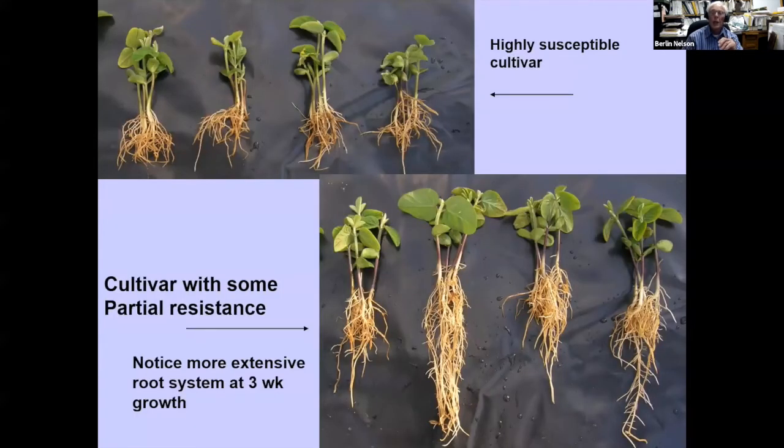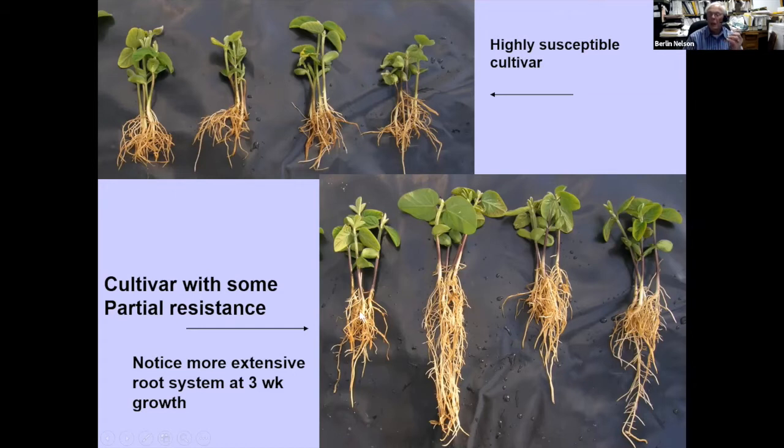And this is an example of what we mean by partial resistance. The upper variety right here, notice how brown the roots are, how short they are, because most of them have been killed off. And so this is a highly susceptible cultivar. But look at this one, under the same conditions. Notice the large root systems. They do have some rotten roots in there, and some of those roots have been pruned off.